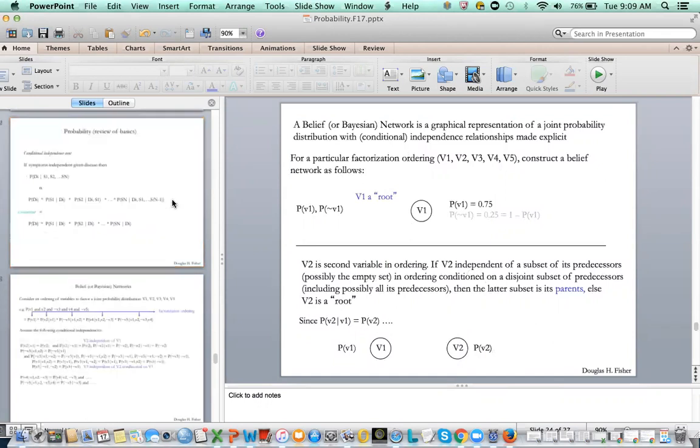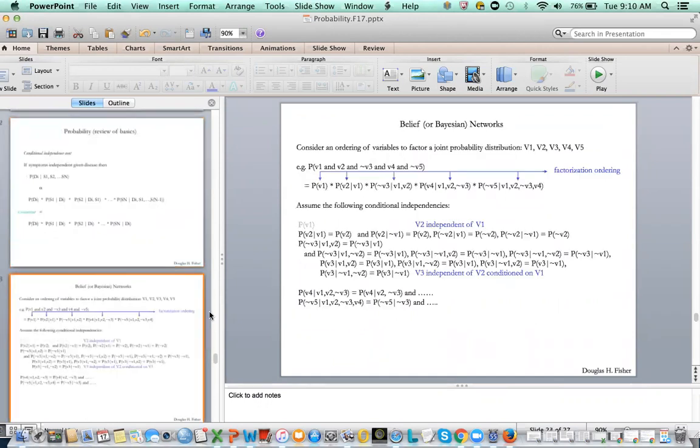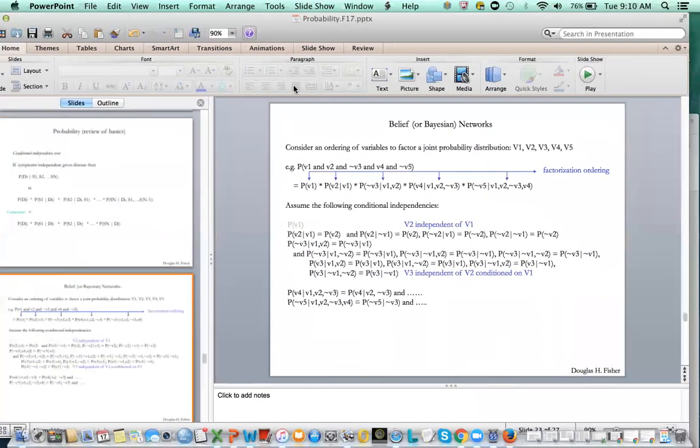Now, if you go back and look at the earlier slide, slide 23, where I made that claim, V2 is independent of V1, that gives you a win.